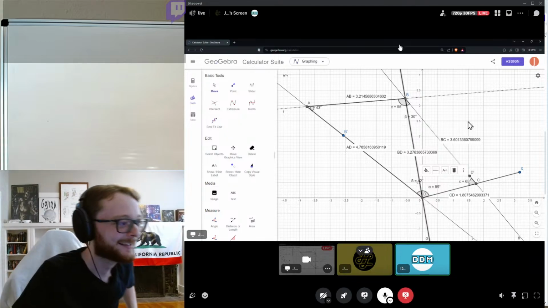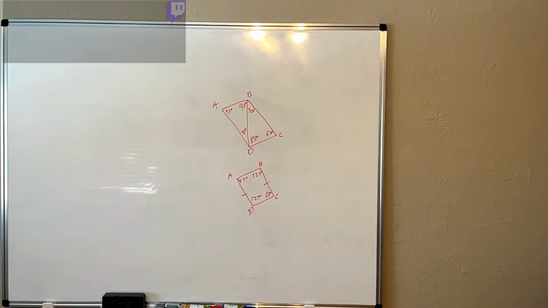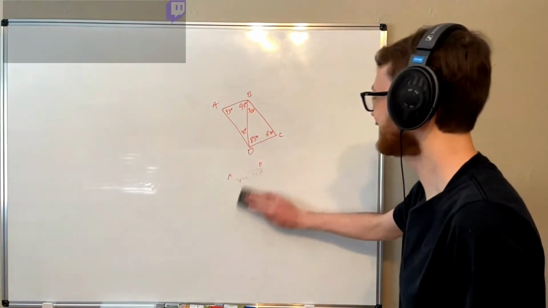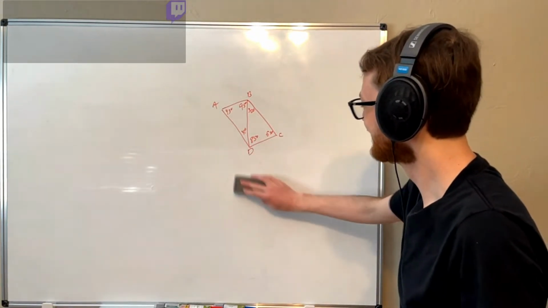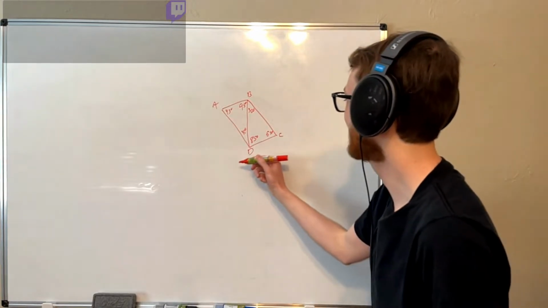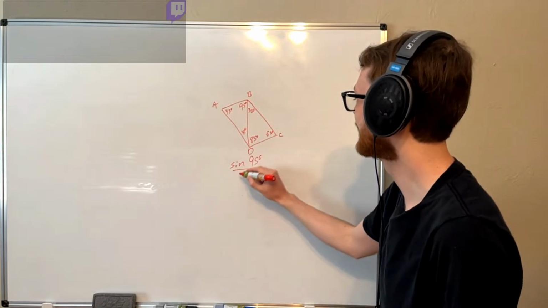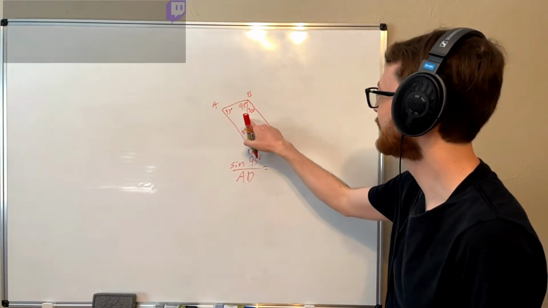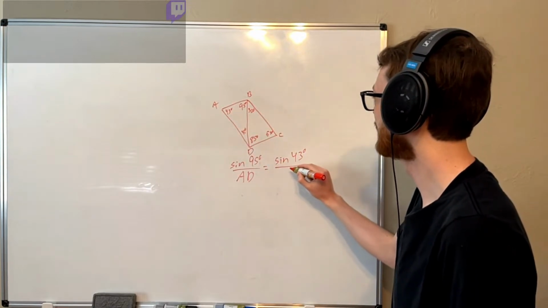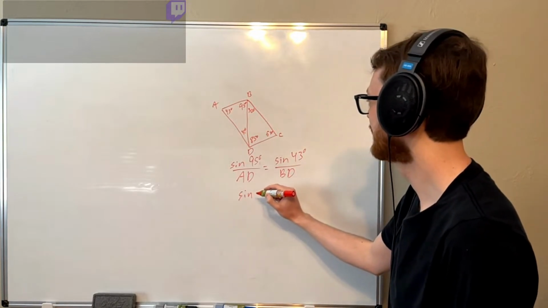Okay, I'm going to show you on the board. It'll be hard to hear me on Discord, but can you still hear me? Yeah. Okay, you still got the drawing up there. So by law of sines, sine of 95 over AD is equal to sine 43 over... 85.